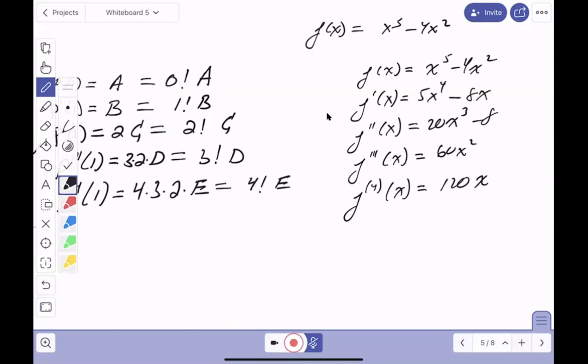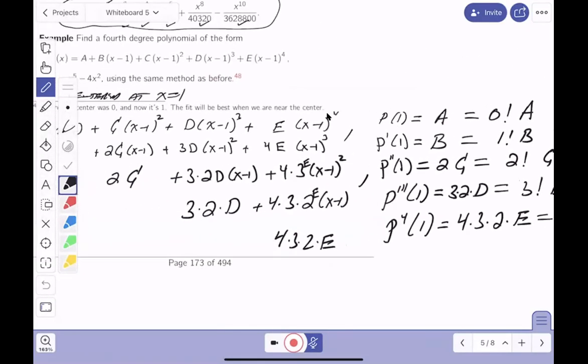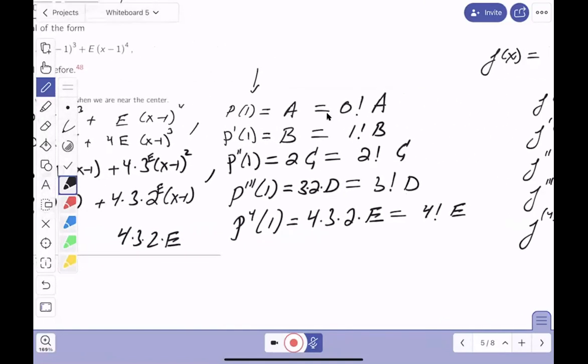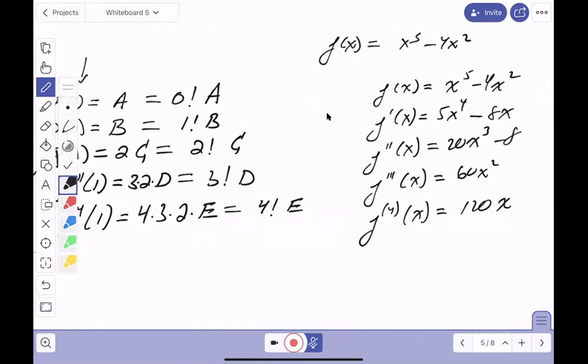Now, by the way, I hope you remember that this was centered at 1. We need to evaluate these at 1, so I'm going to write this over here. What's f of 1? f of 1 would be 1 minus 4, which is minus 3. What's f prime at 1? That would be 5 minus 8, which is minus 3.